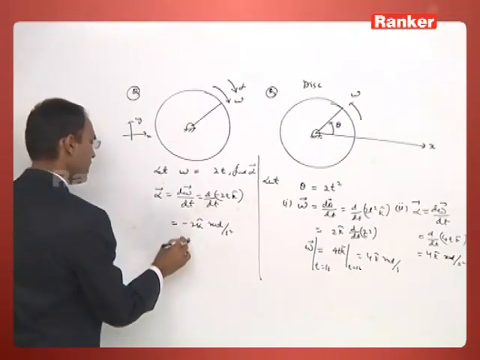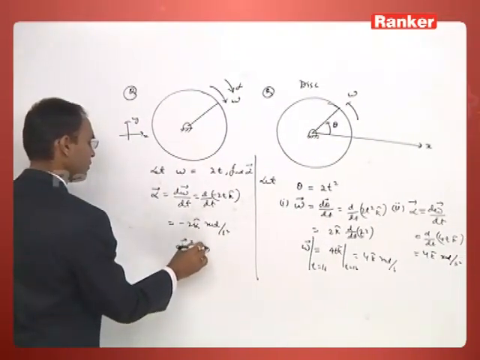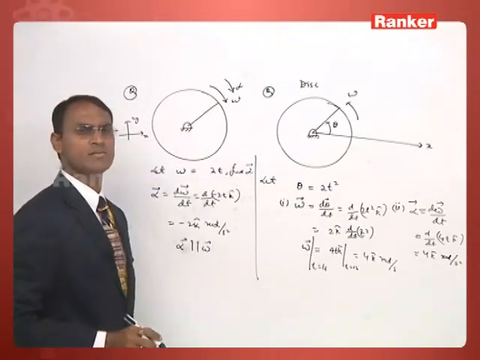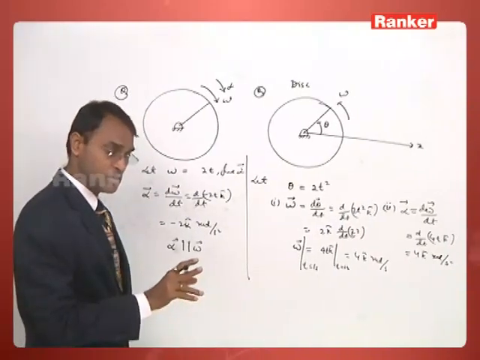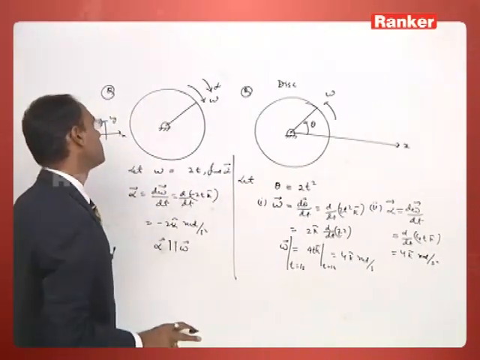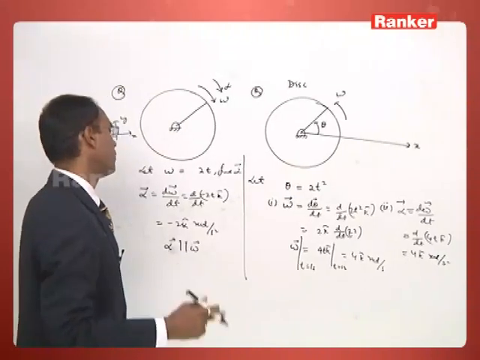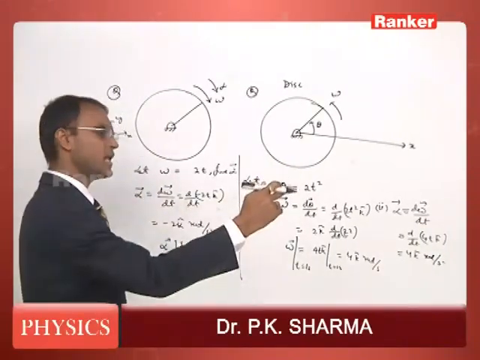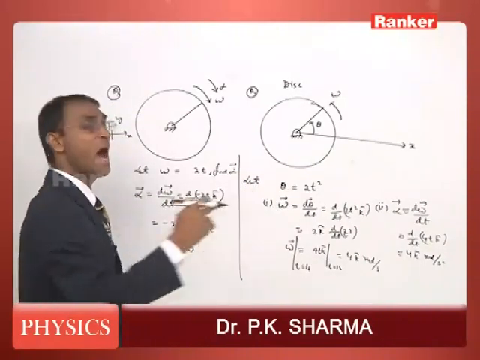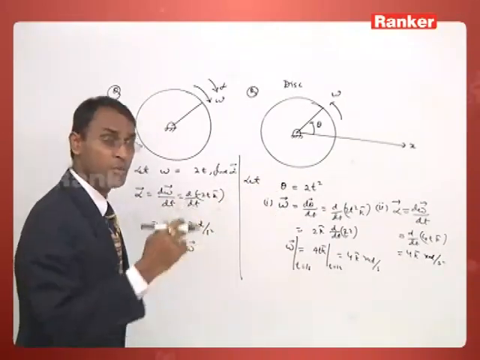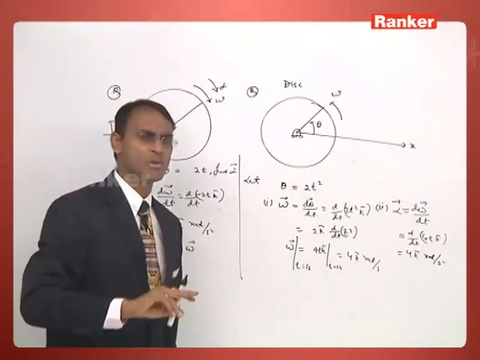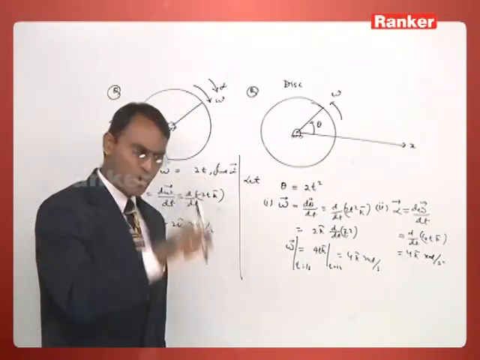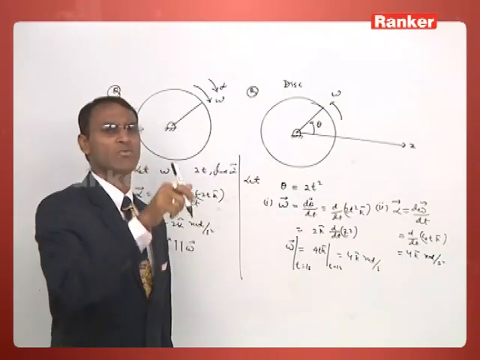Therefore, alpha is parallel to what? Omega. If omega increases, when omega is out, alpha will be out. When omega is in, alpha will be in. When omega is along positive z direction or positive x direction, alpha will be in positive x direction. When omega is positive y direction, alpha will be in positive y direction. When omega is in negative y direction, alpha also will be in negative y direction.